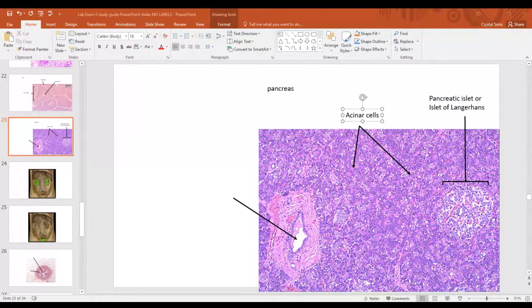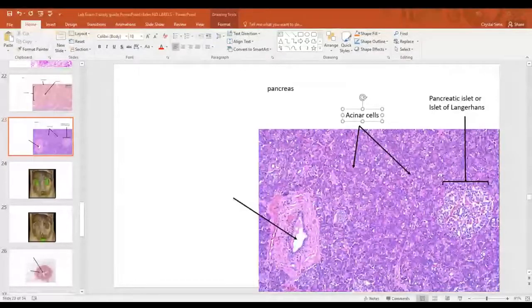And I think, if I'm not mistaken, on this one, let me look at your test right quick, I don't want to tell you wrong. Okay, so on your actual test, we've got a little bit higher magnification on this. So it's not going to look quite like this, and it's also going to be stained more pink on your test, and it's going to be a much larger magnification.